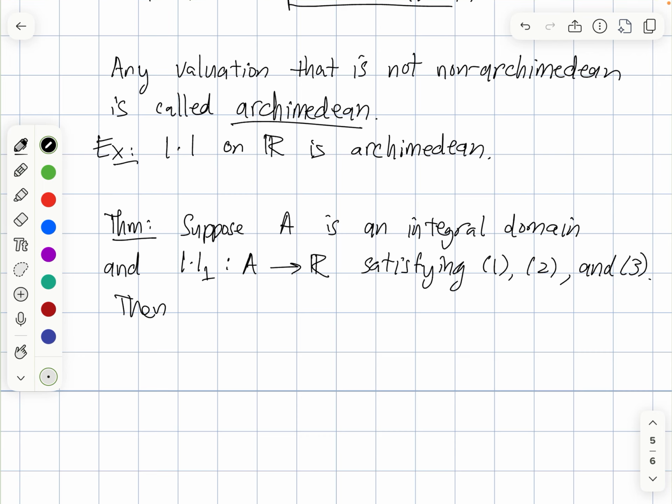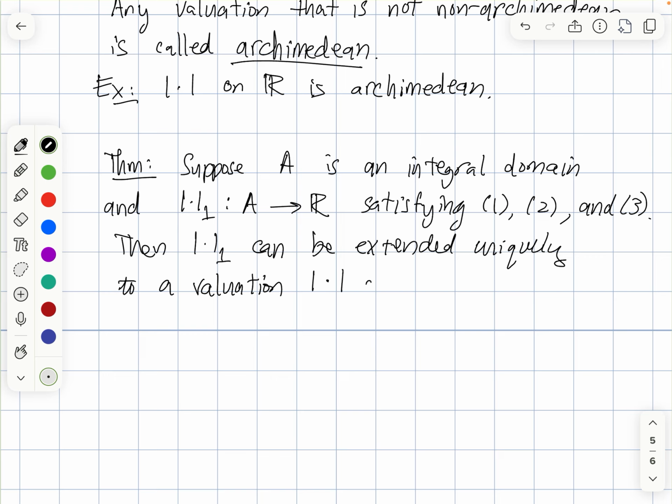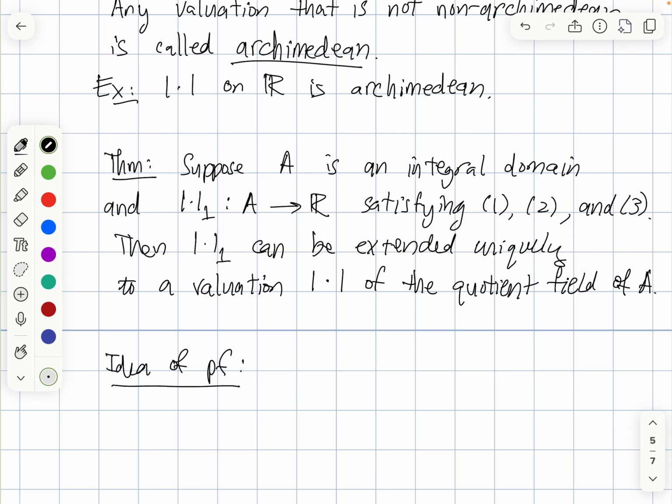Then this mapping can be extended uniquely to an evaluation of the quotient field of A. Well, the idea of the proof is kind of what you would think it would be.